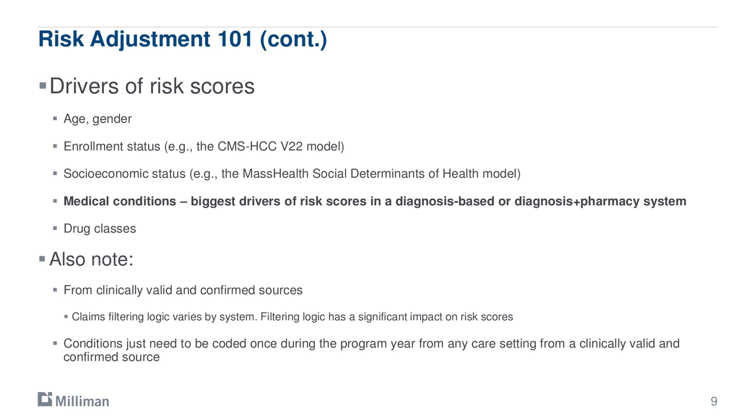We certainly know that age, gender, enrollment status, and socioeconomic status, if it's used, do. But most importantly, in the market right now, if it's a diagnosis-based system, the biggest drivers of risk scores are medical conditions.